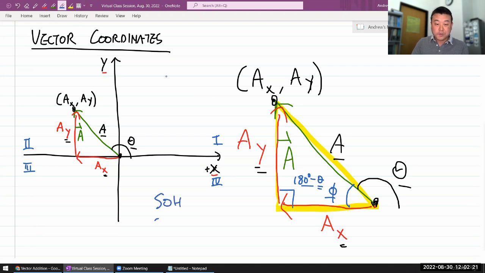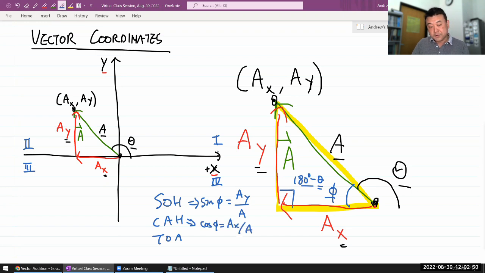With this right triangle, you remember SOH CAH TOA, the mnemonic. Let me use phi since I'm using phi for this acute angle. Sine of phi is the opposite, in this case A_y, over the hypotenuse, in this case A. CAH is the mnemonic for cosine of phi, the adjacent of the angle divided by the hypotenuse.